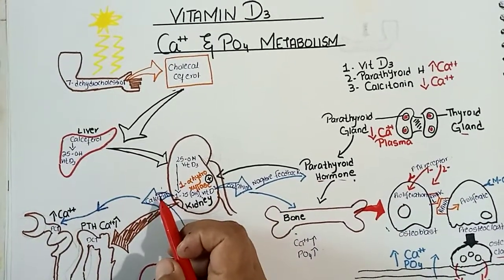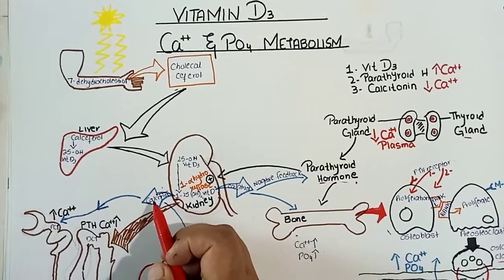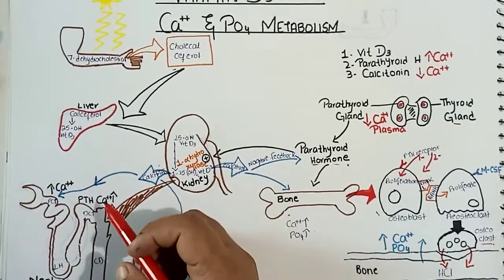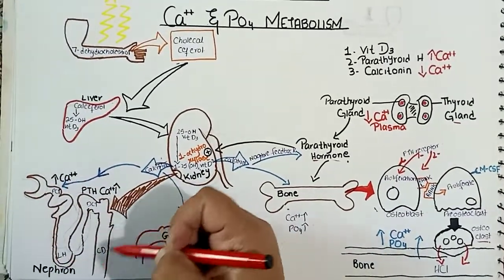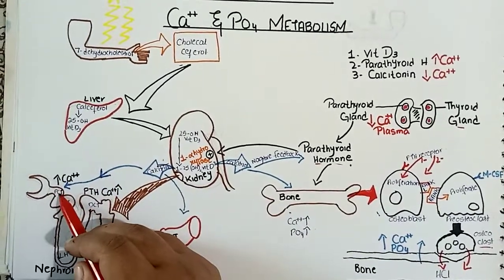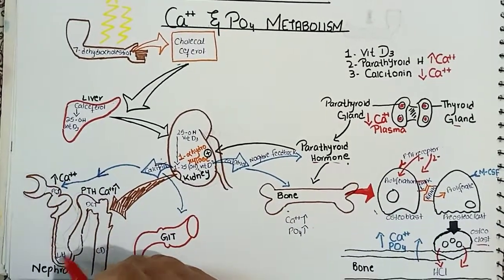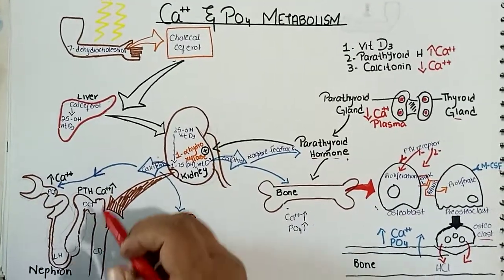Calcitriol will act on the kidney itself, and I will explain it by considering the functional unit of the kidney, which is the nephron. So here is the structure of the nephron. This is the proximal convoluted tubule PCT, loop of Henle, distal convoluted tubule DCT, and the collecting duct.